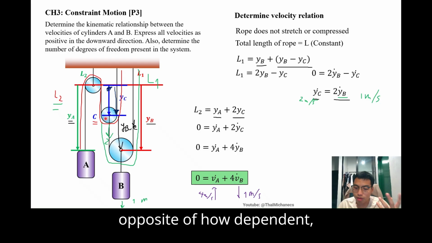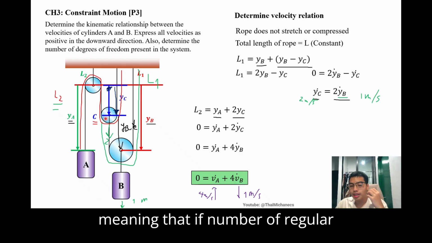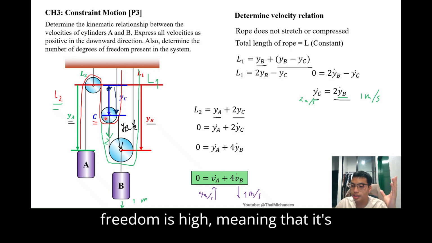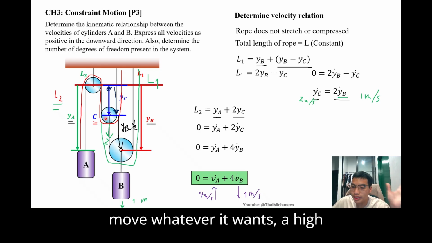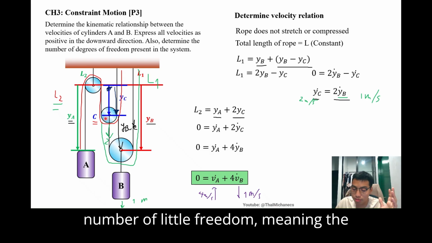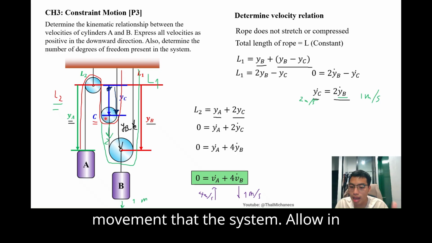But how free the system is, in a sense, is basically the opposite of how dependent it is, right? If the number of degrees of freedom is high, it's very independent, it's free, it can move however it wants. A high number of degrees of freedom means a high amount of freedom of movement that the system allows.